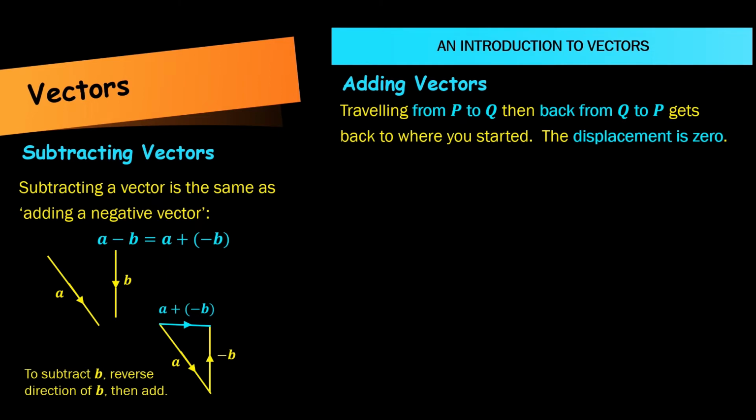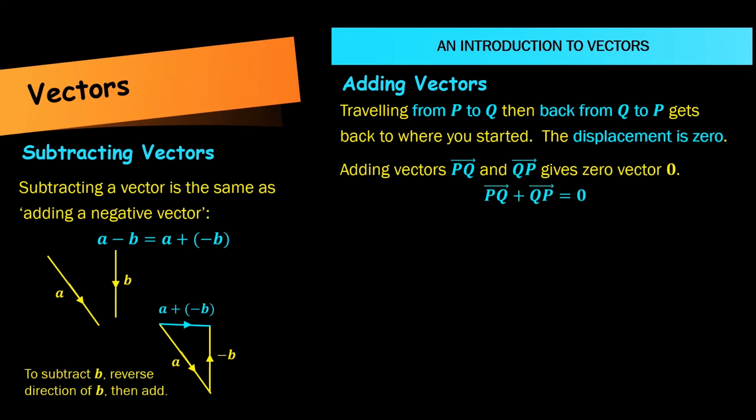Travelling from P to Q, then back from Q to P, gets back to where you started, and the displacement is 0. Adding vectors PQ and QP gives a 0 vector. So PQ plus QP equals 0.